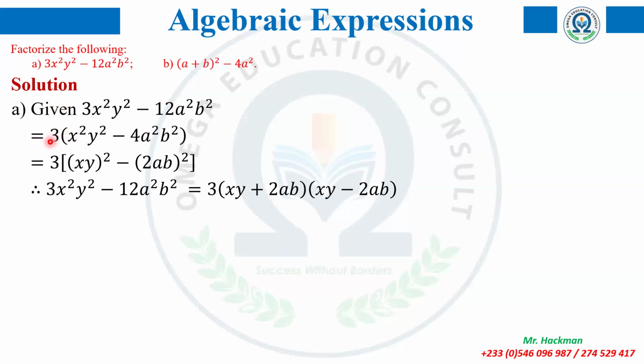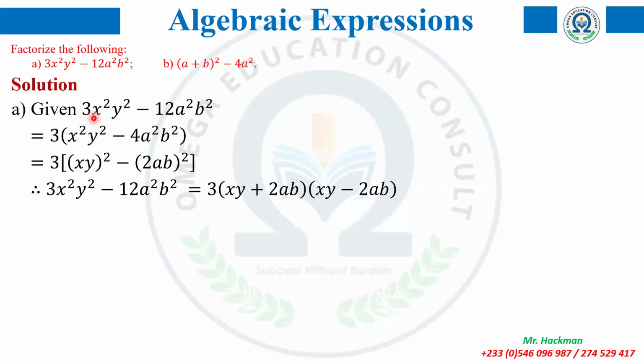Now where you have your first equal to is where you are going to have an input. You are going to do something to the expression, and that would be your first step. Remember, I've told you that in any factorization question, the first question you ask yourself is: do I have a common number, a common variable, or both that I can bring out? These two, never skip anytime you are dealing with factorization.